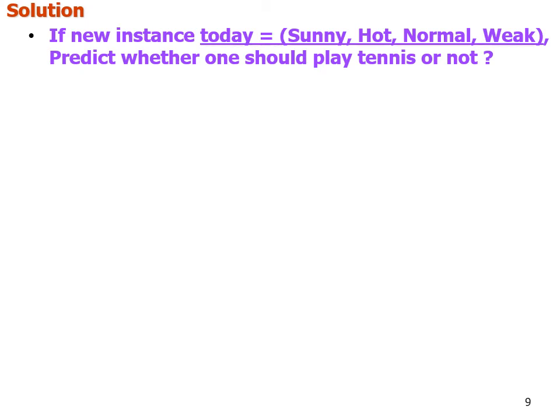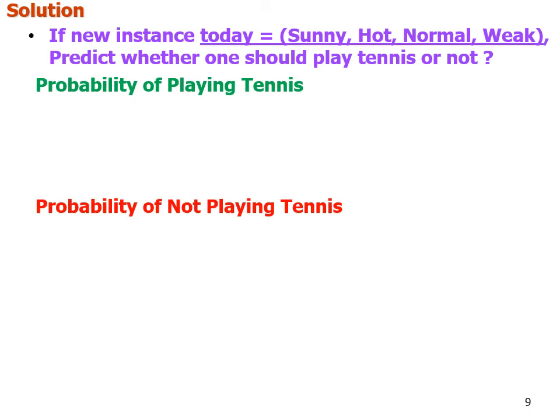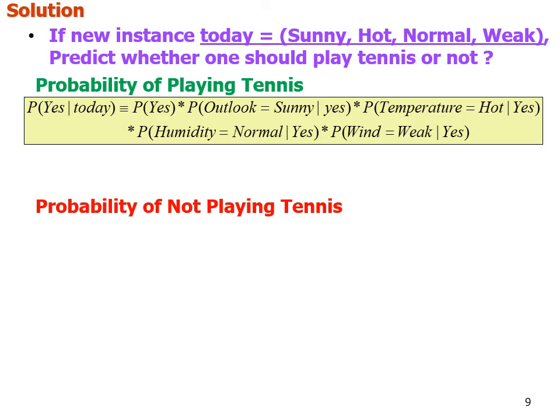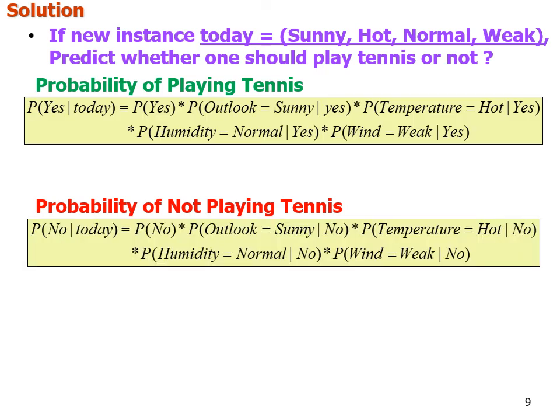Now, let us reproduce two expressions that we have found out: probability of playing tennis and probability of not playing tennis, that is the probability of yes given today and probability of no given today.